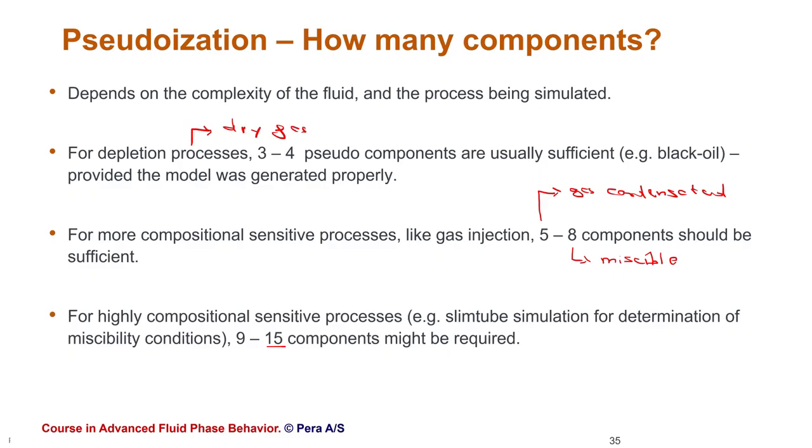It's one way to calibrate the minimum miscibility pressure, and see if the fluid model can match this minimum miscibility pressure. One way to do this is to simulate this slim tube in GEM or in another numerical simulator. And to do this, you need to work with more components. So 9 or 8 components are recommended for this step, okay?